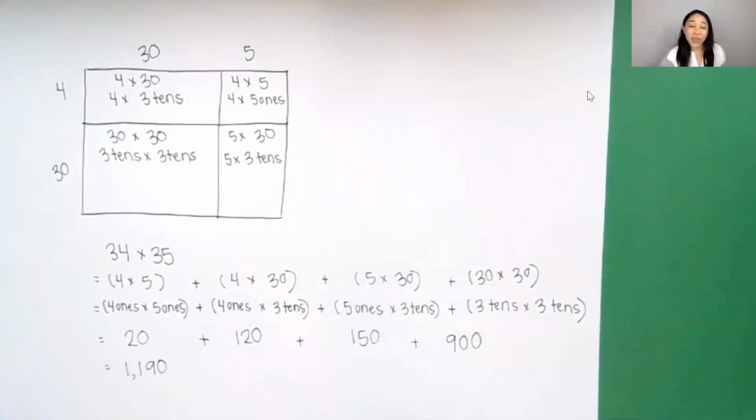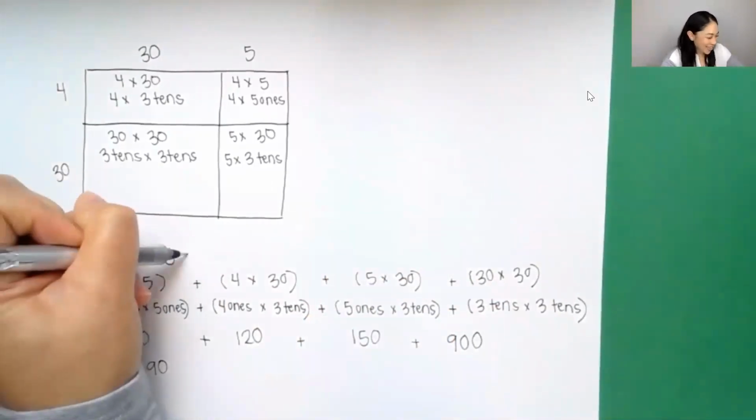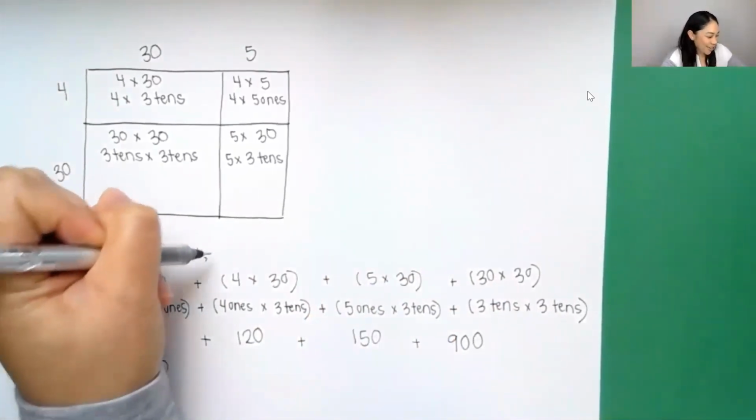Welcome back. When you added the 4 partial products, what sum did you get? 1,190. So, what is 34 times 35? 1,190.